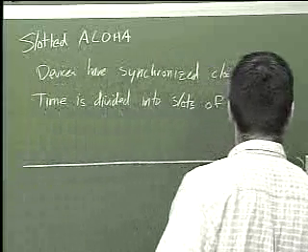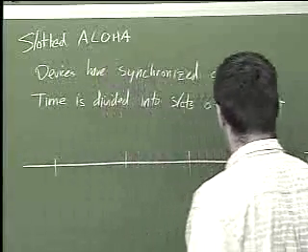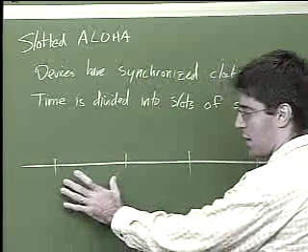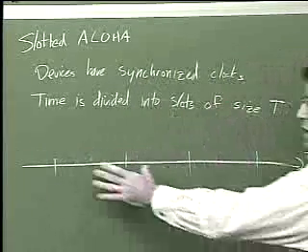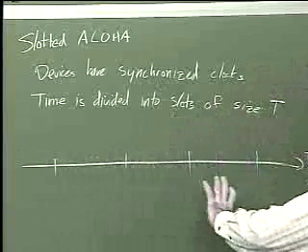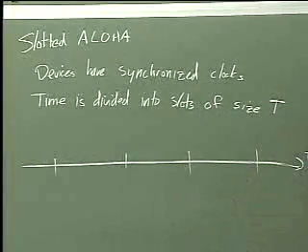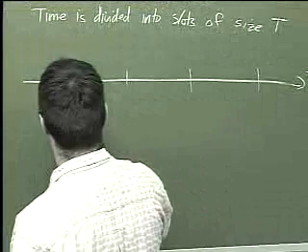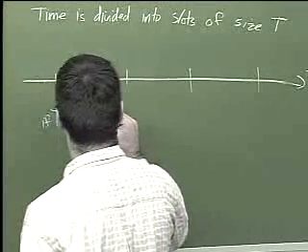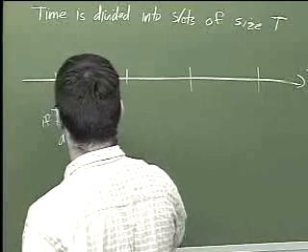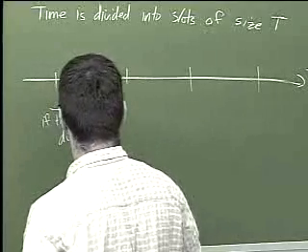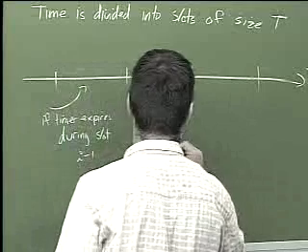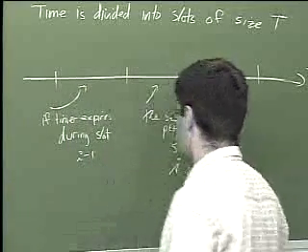Okay, right, so here's time. And there's our slots. And you're only allowed to send a packet in an interval of time T. So with Aloha, you could send a packet at any arbitrary time. It could pass over both intervals. So the way slotted Aloha works is if your timer expires during slot, let's say i-1, then you send the packet in slot i.